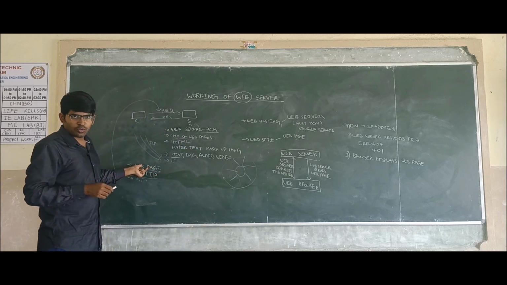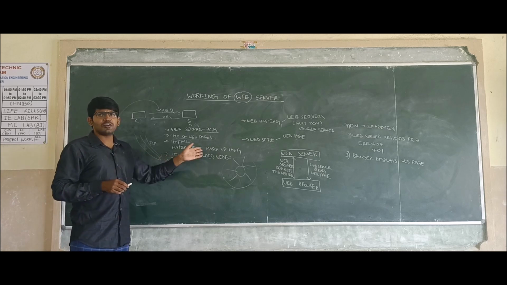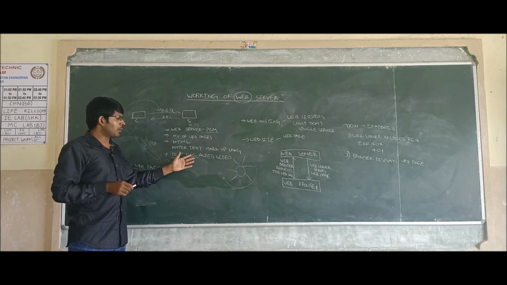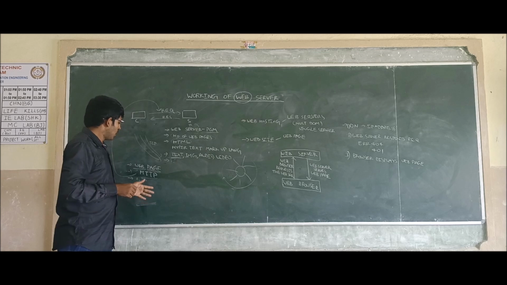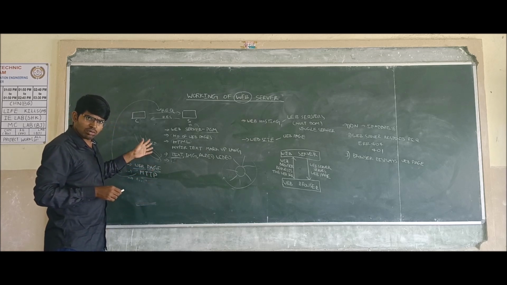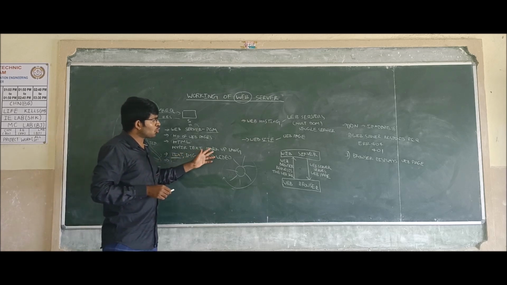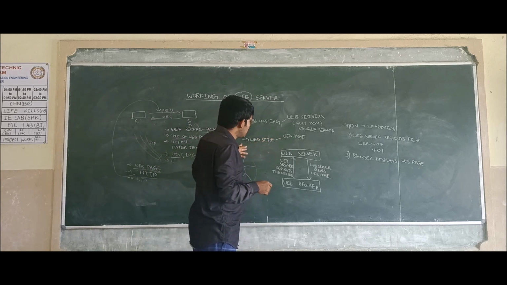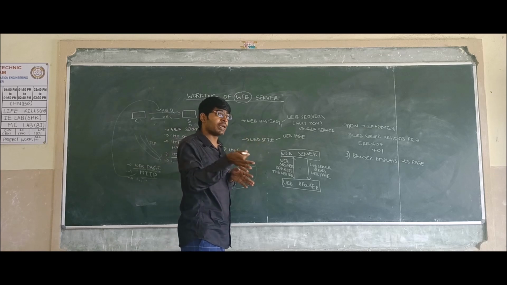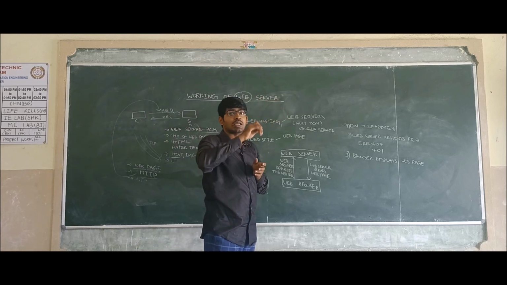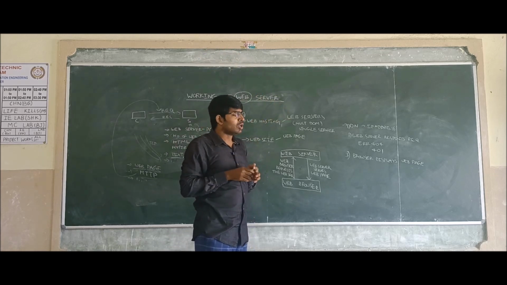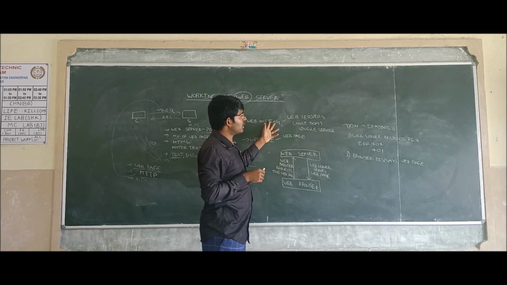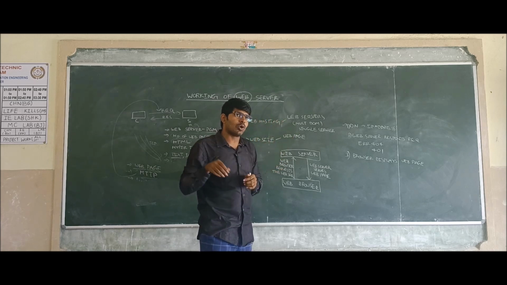Now we discussed the web page. A web page may contain any of this information: text, image, audio, video. We also discussed that a group of web pages is called a website. These websites will be hosted by a particular business company. They will host it, so this is web hosting, with multiple domains.